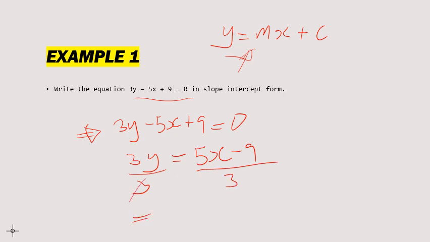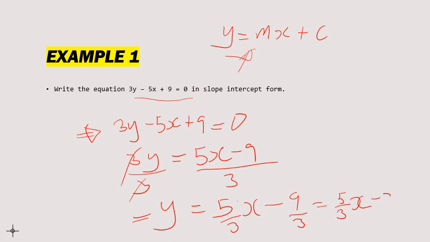So that will give you y equal to 5 over 3x minus 9 over 3, which is equal to 5 over 3x minus 3.